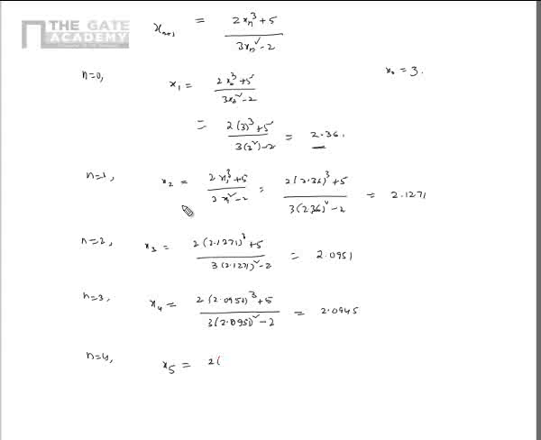When n is equal to 4 and I substitute, (2 into 2.0953 plus 5) by (3 into 2.0945 whole square minus 2), this also comes out to be the same. I'm writing only up to 4 digits.